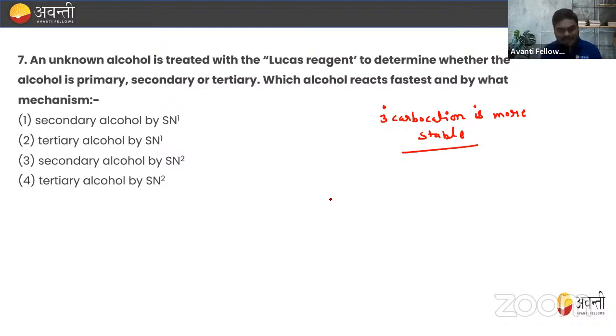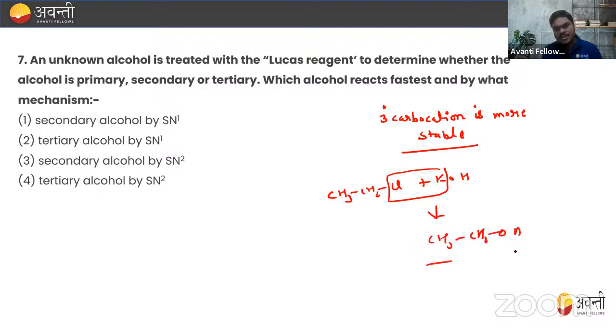Because what happens in the SN1 reaction: basically we have CH3, CH2, Cl and KOH. Let us assume this KOH comes, KCl will be removed, right? And this will form CH3, CH2 and OH. So this reaction will take place by the SN1 mechanism, and in SN1, a carbocation will be formed, right?